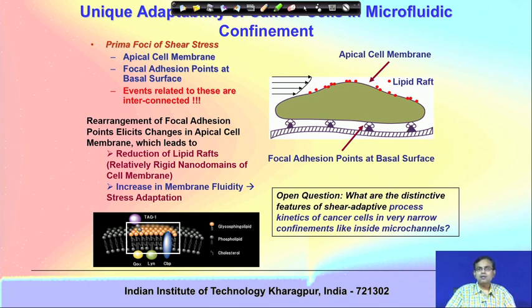So, as a resistive measure, for example for advanced stage cancer, one could have targeted drug delivery of lipid raft inhibitors. If you could target lipid raft inhibitors in the cell membrane, then the lipid rafts will not be allowed to move from the cell membrane to inside the cell.